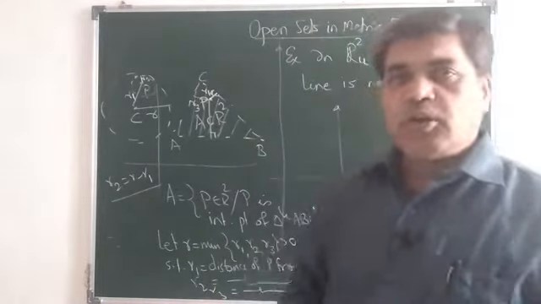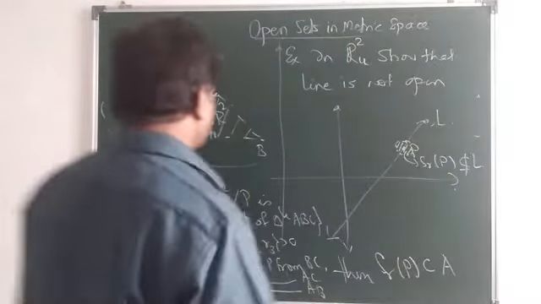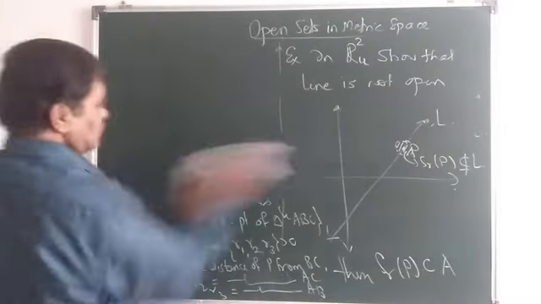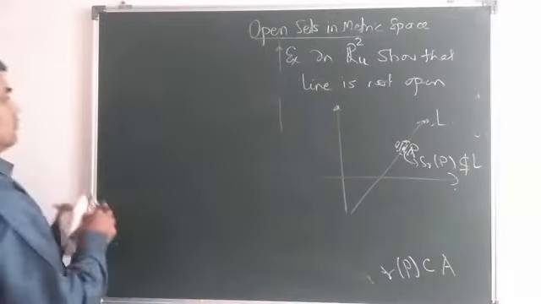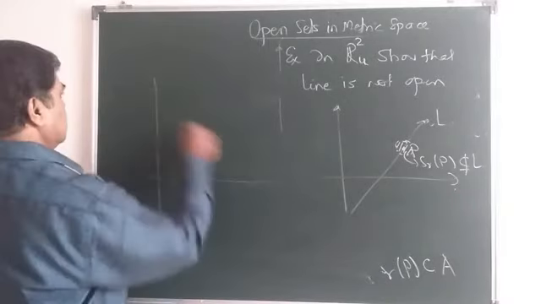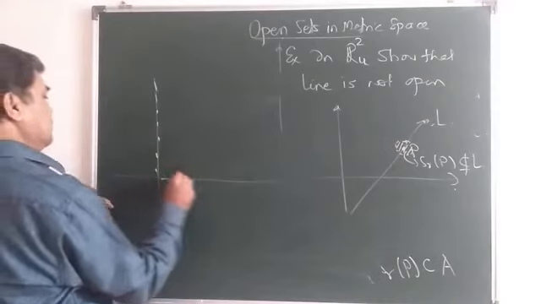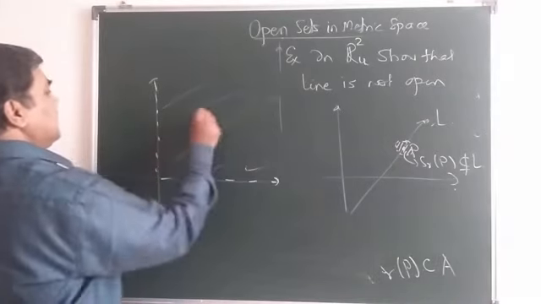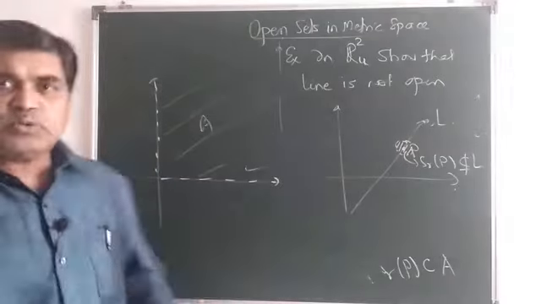If I take the set of all points in the first quadrant, say this is my region, this is my set E. Again, the same story is there.